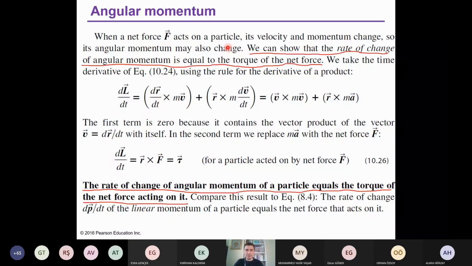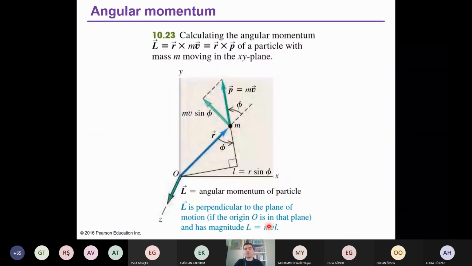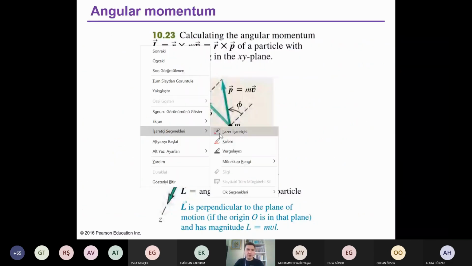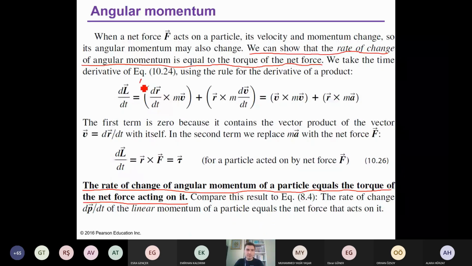If you change the velocity, then you can change the angular momentum. So just use this expression. Angular momentum is given by position vector cross product mv.